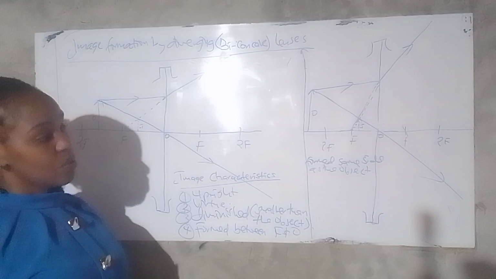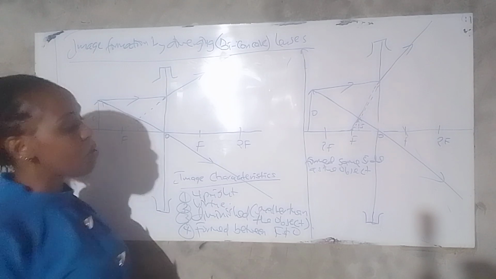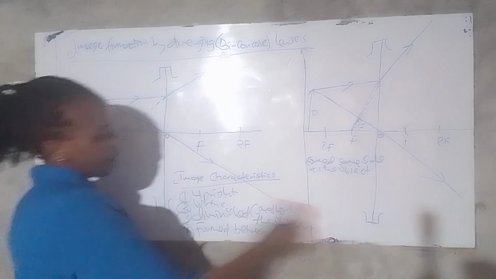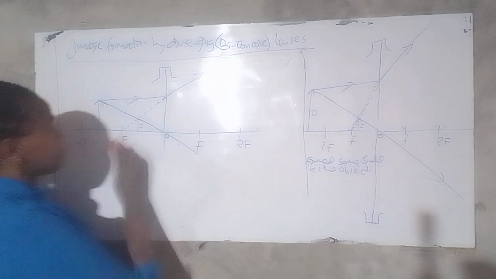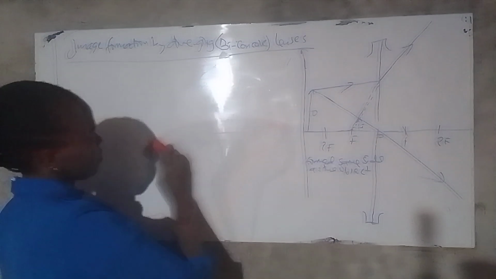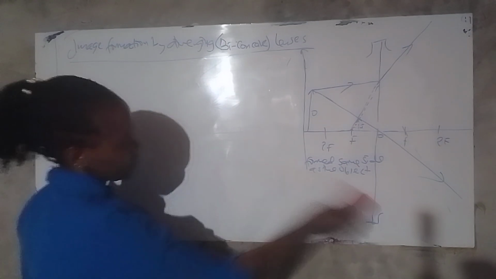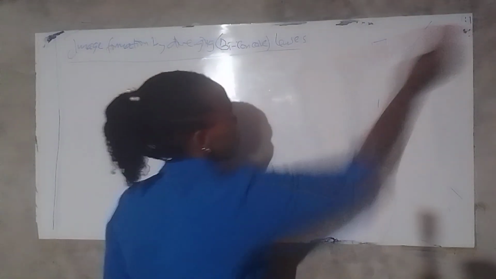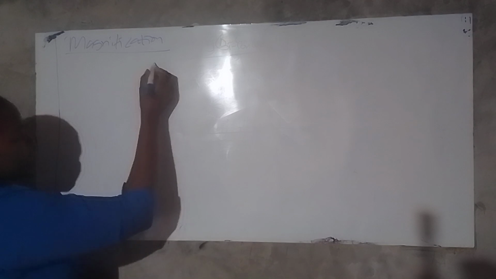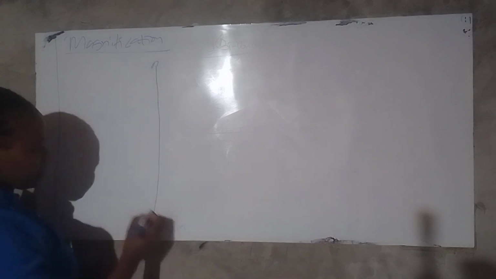So the other thing I would like us to look at today is something we call magnification. So let's use a converging lens, not a concave mirror, you're not using mirrors.